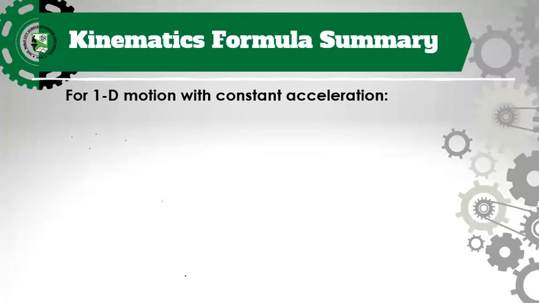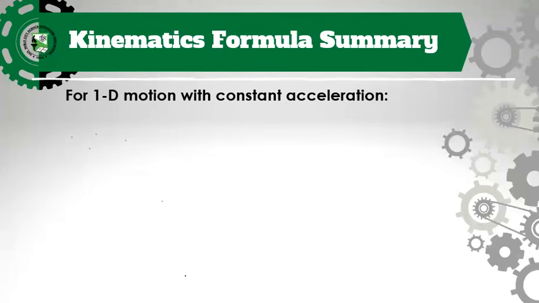So, for kinematics formulas, we have 4 formulas for kinematics that we need to remember. I won't be deriving each individual formula because I know that you have tackled this in your previous academic years.